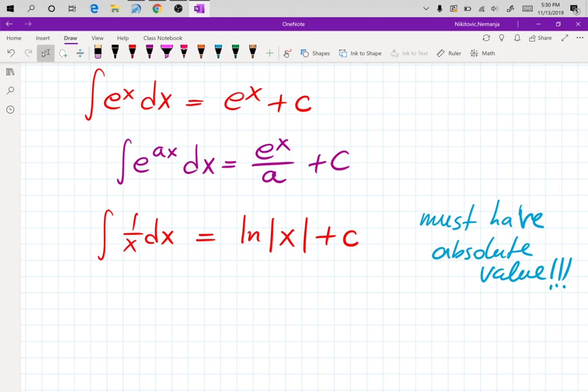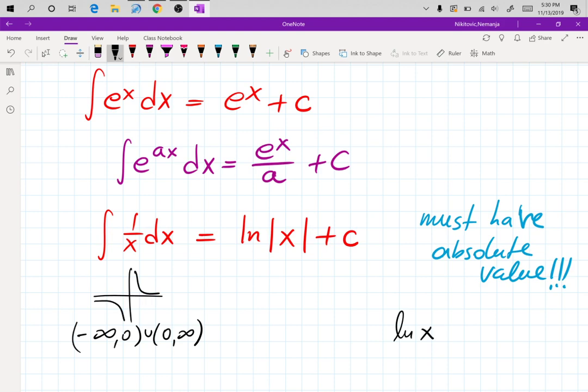And the reason is the domain. If you draw 1 over x, you see that the domain is from negative infinity to 0, union 0 to infinity. If you just draw ln x without absolute value, you only have one side, which is 0 to infinity.